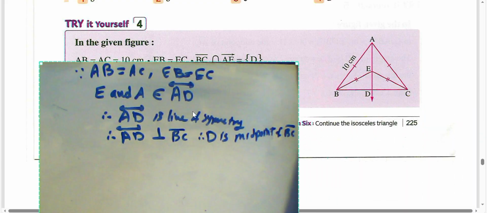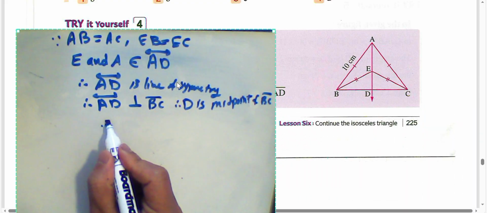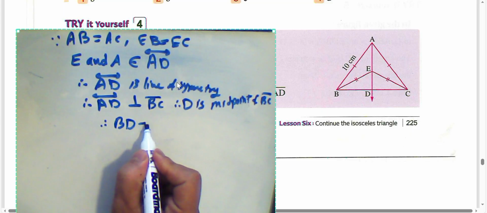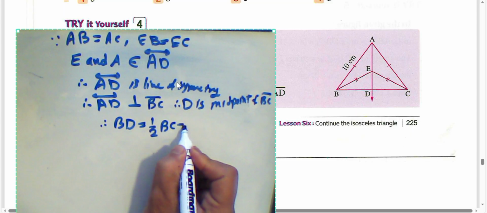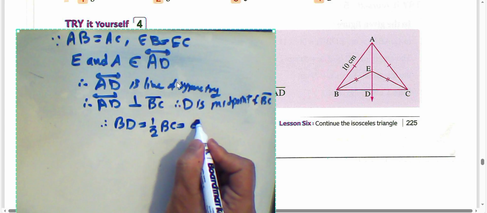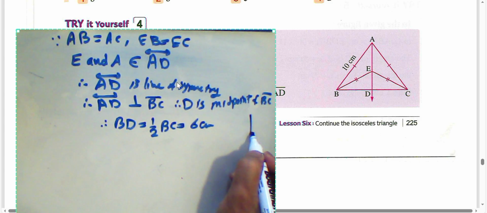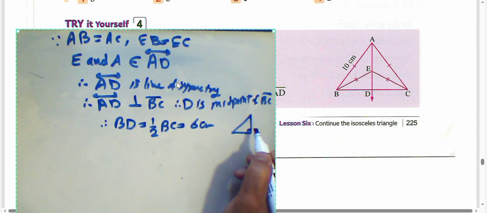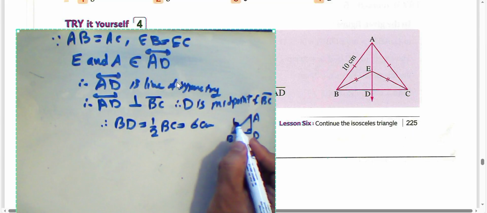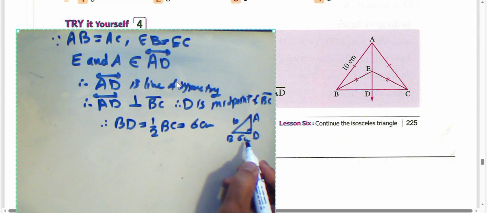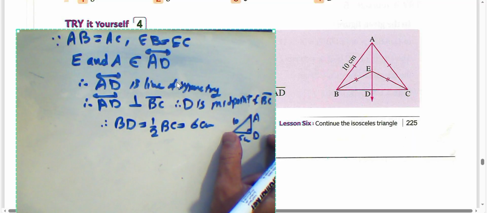Okay. So BD will be half of BC, equal to 6 centimeters. Then we have a right angle triangle here. We can find the length of AD from the Pythagorean theorem. We found this 6 centimeters because he gave us in the example that BC was 12.